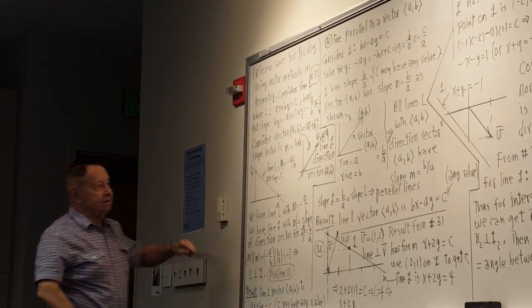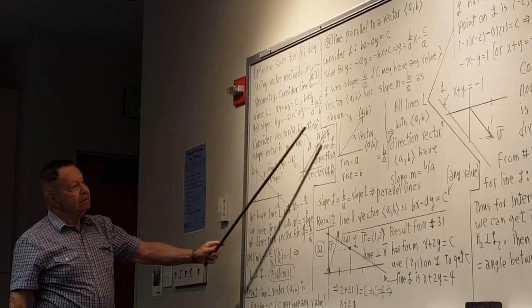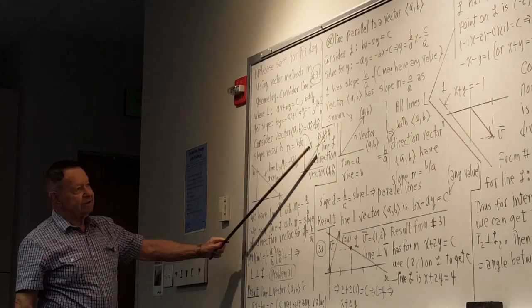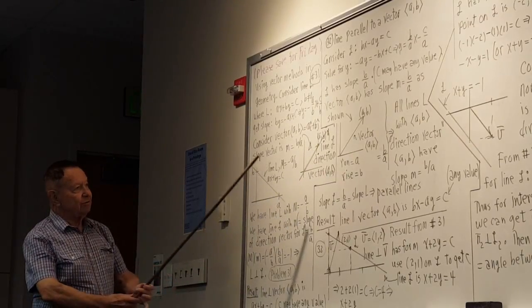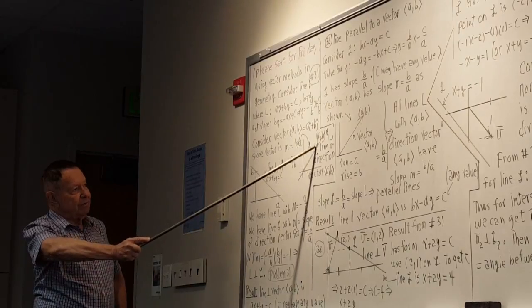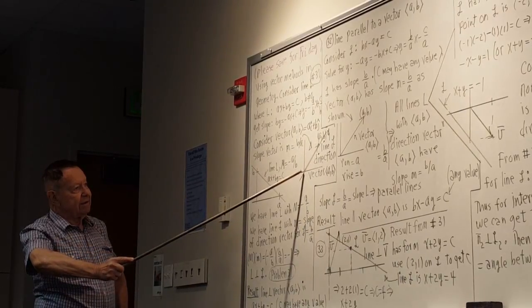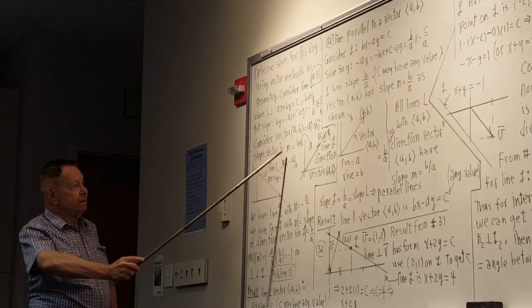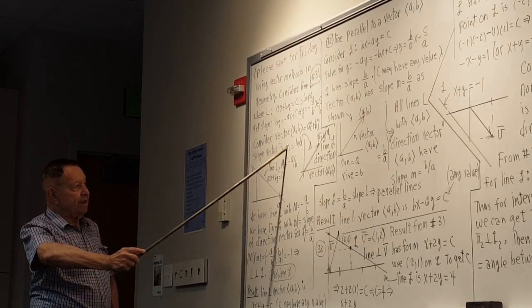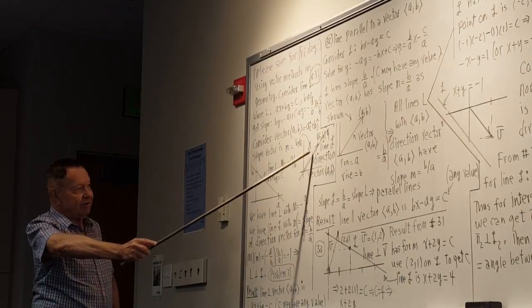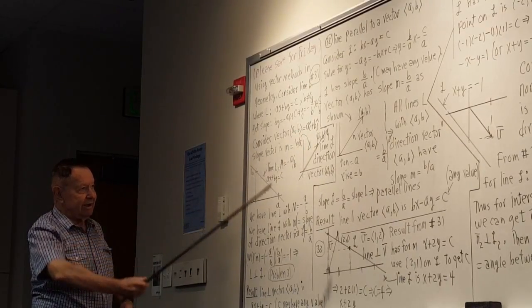And you can see for a vector pointed like this, that its slope is rise over run, so that's the B, it would be the rise, and the run would be the A. So the slope is M equals B over A. See, the arrow is referring to this vector here.